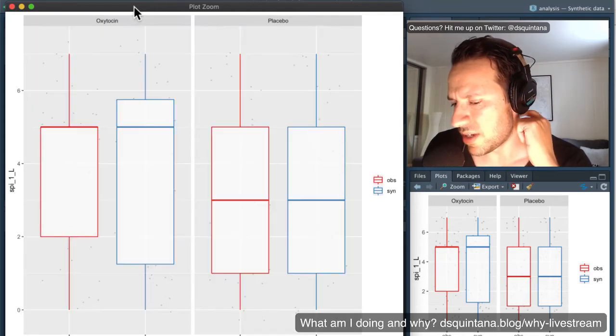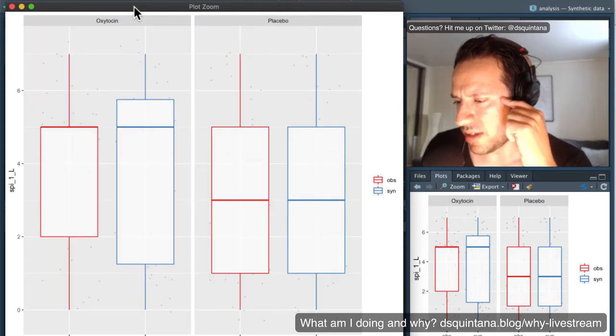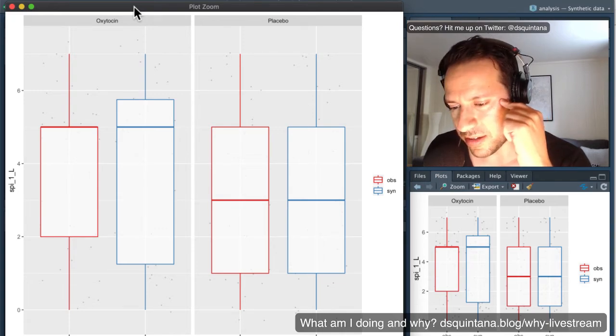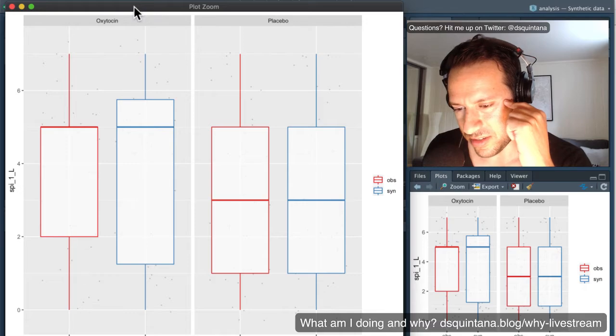So this is the same sort of data, looking at ratings of self-reported spirituality. There should be differences between oxytocin and placebo because that was the main outcome. The synthesized data looks extremely similar to the observed data.